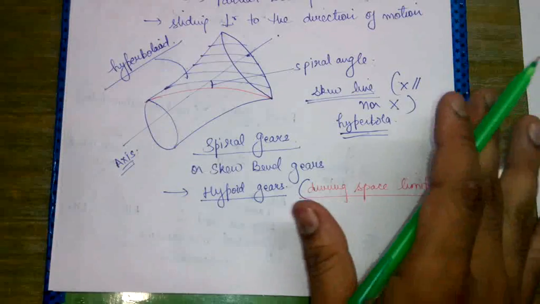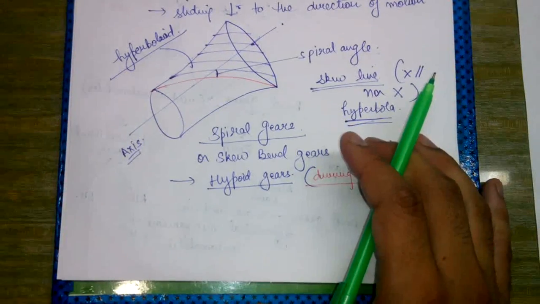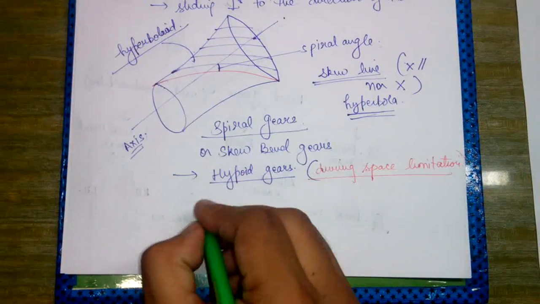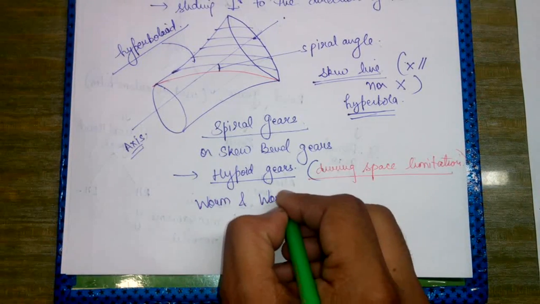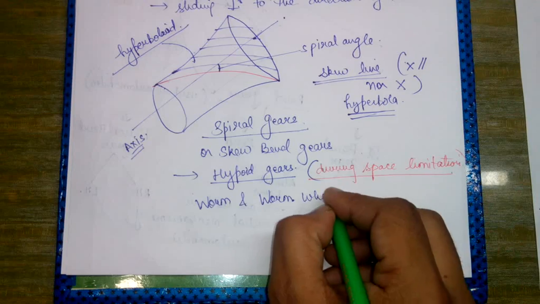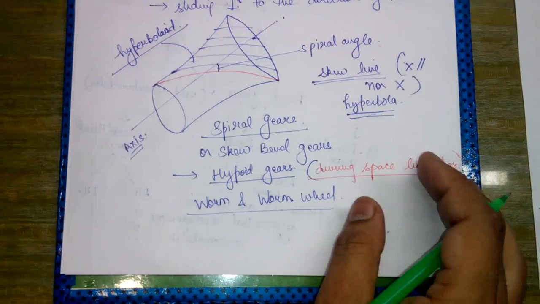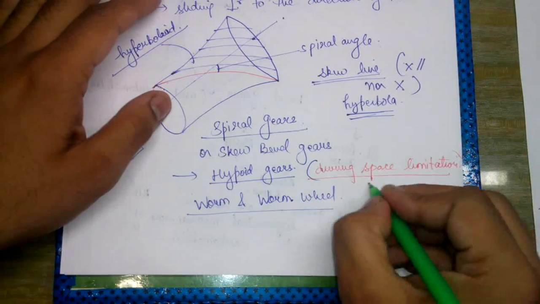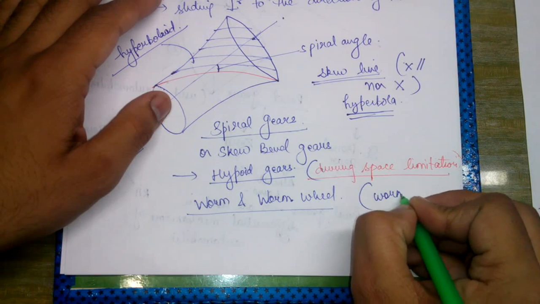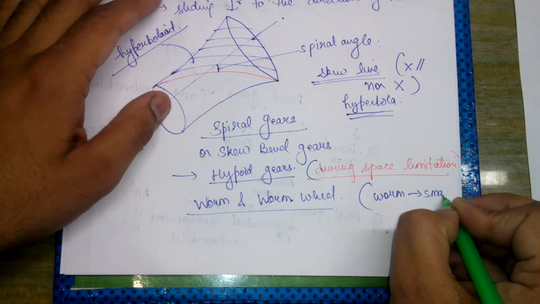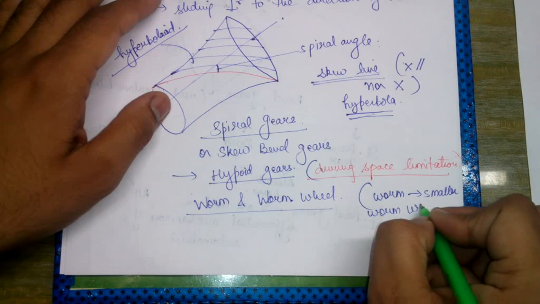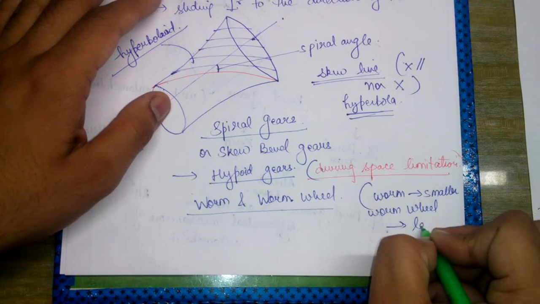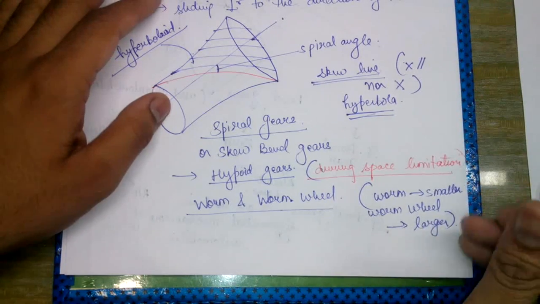So this was all about spiral gears. Now we come to worm and worm wheel. In this, the worm is a smaller body, and the worm wheel is a larger body.